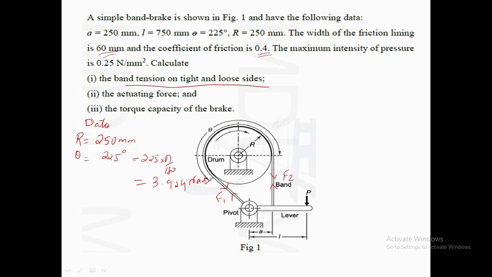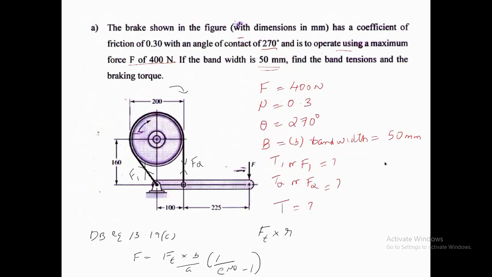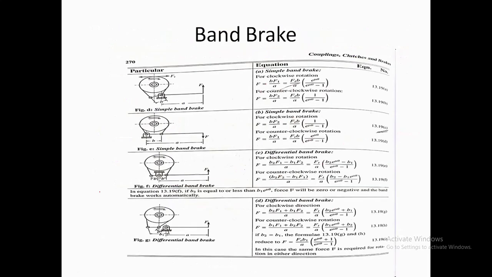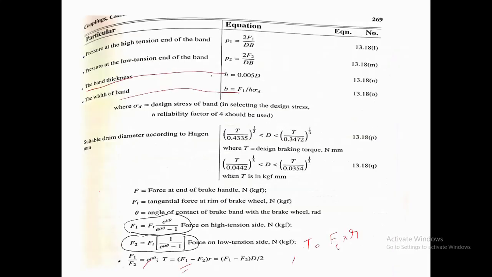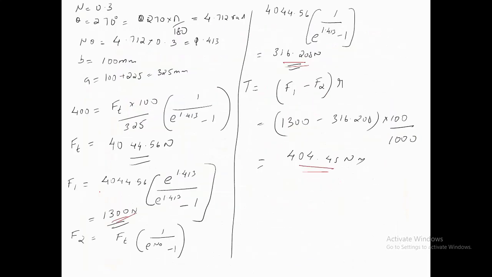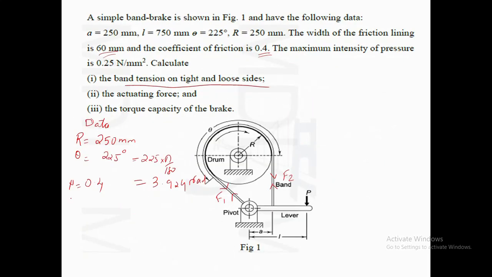Okay, now the coefficient of friction, mu is equal to 0.4. The width of the friction lining, or the width of the band, can be denoted by B, that is 60 mm.